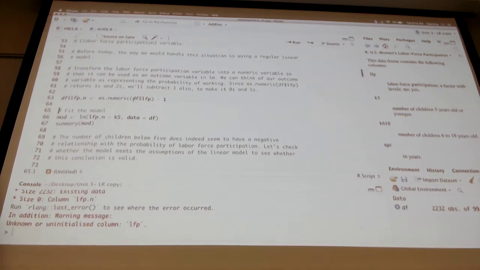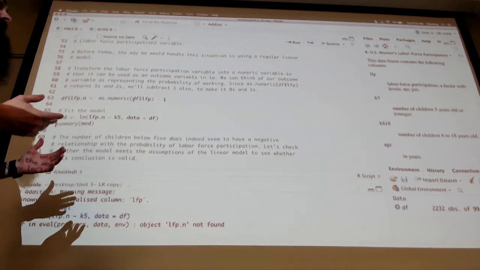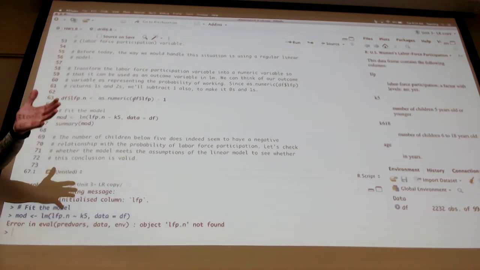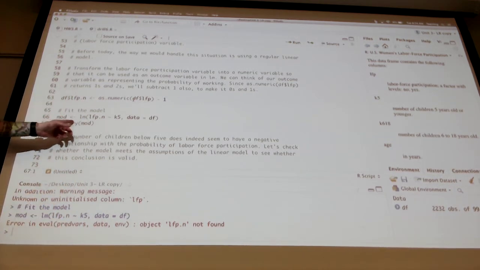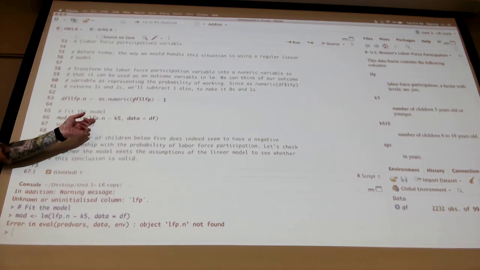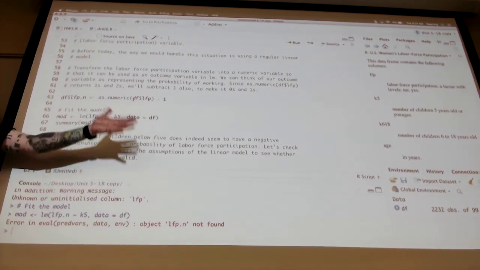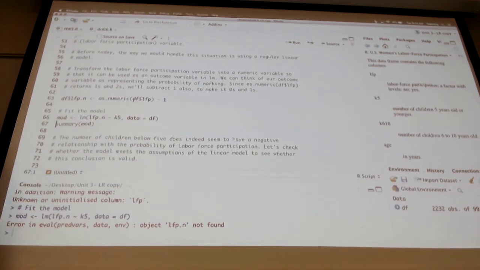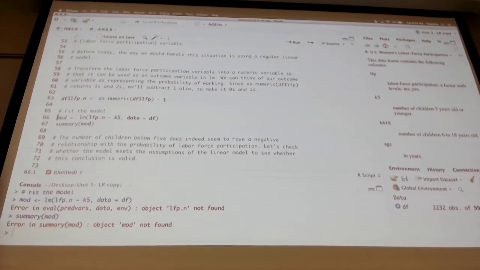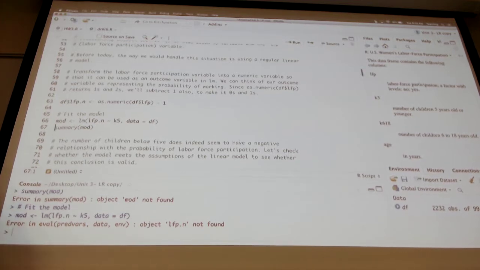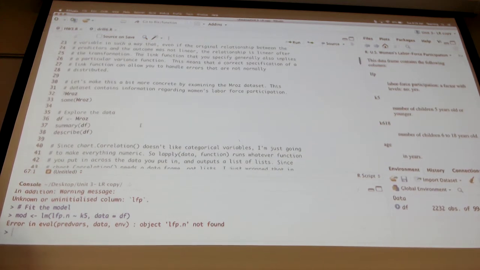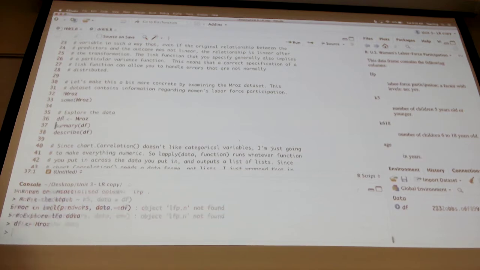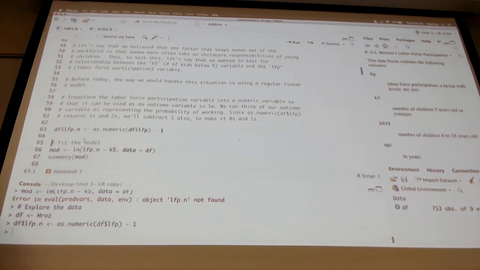So if we wanted to see, all right, does the number of kids under 5 that a woman has affect her labor force participation? First, if I just fit it as a regular linear model, so just labor force participation regressed on the number of kids under the age of 5, load the right data set.